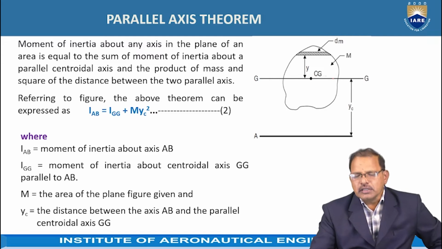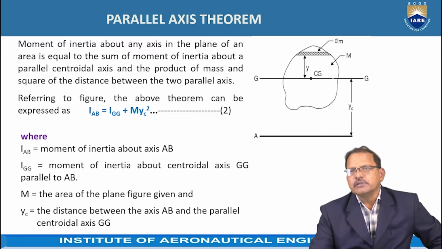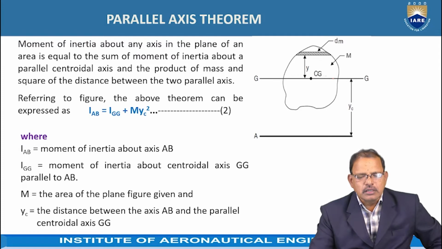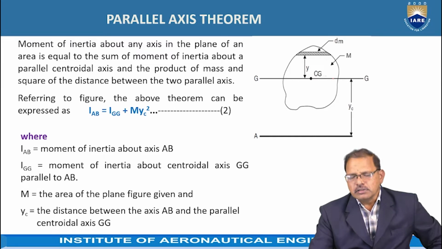Then GG is representing the central axis, that means the axis which is passing through the centroid. Now the moment of inertia of the body about a line AB parallel to GG is given, according to the Pallas theorem, as IAB is equal to IGG plus the mass multiplied by the square of the distance between the line AB and GG.